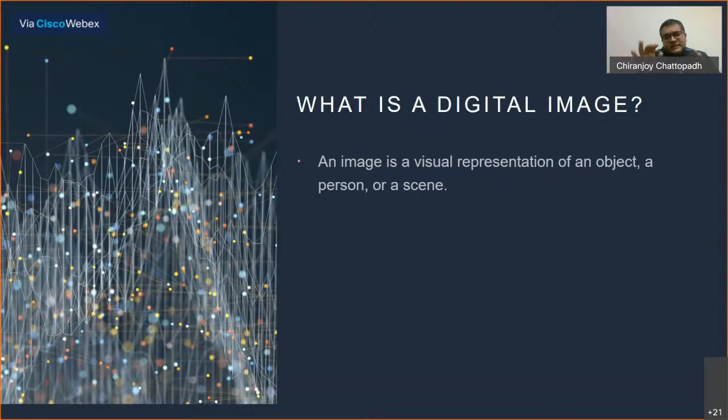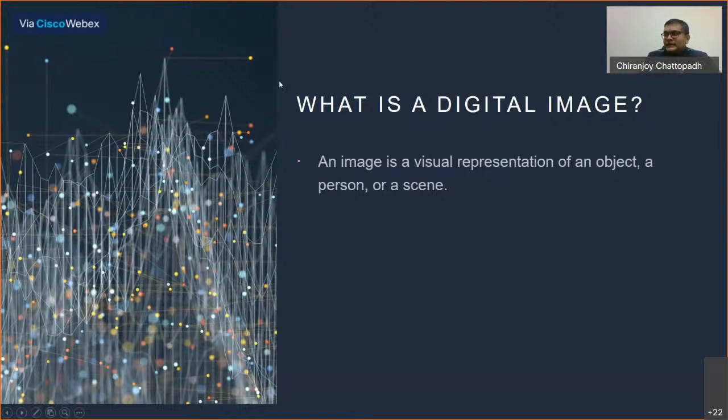Once we do that projection, each location of this 2D image captures an intensity value, which is coded in terms of some range of values depending on how we represent the image. And when we see an image on a computer or any display device, we actually see those intensities in a particular color or monochrome. And when these values x and y at every location are discrete in nature, then it becomes digital.